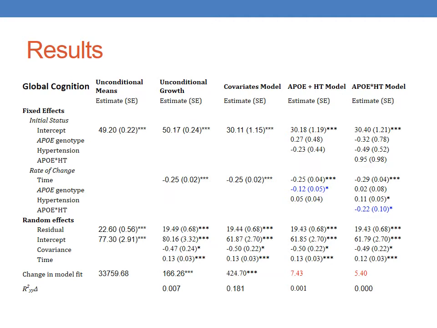Then when we look at the interaction term between ApoE and hypertension, we can see that this interaction term further results in a decline in global cognition scores. However, again, when we look at the change in model fit, which is in red, we can see that this is not improved. And furthermore, the amount of variance explained is only 0.